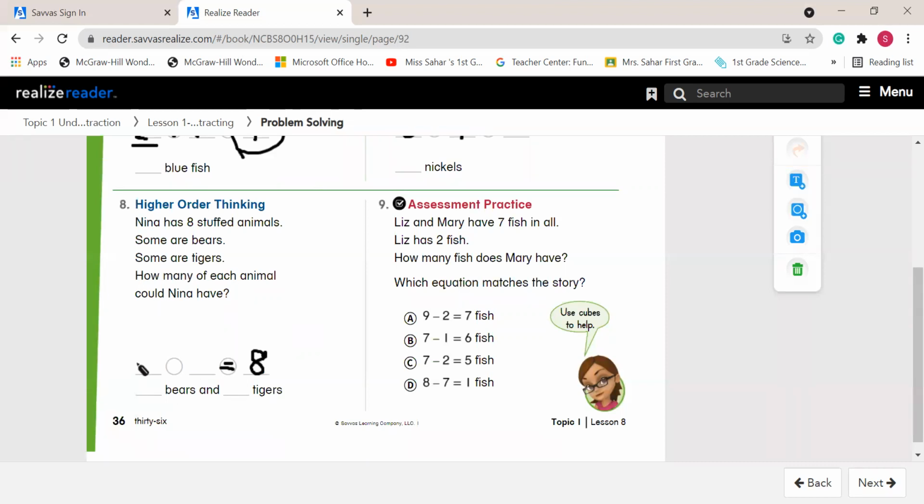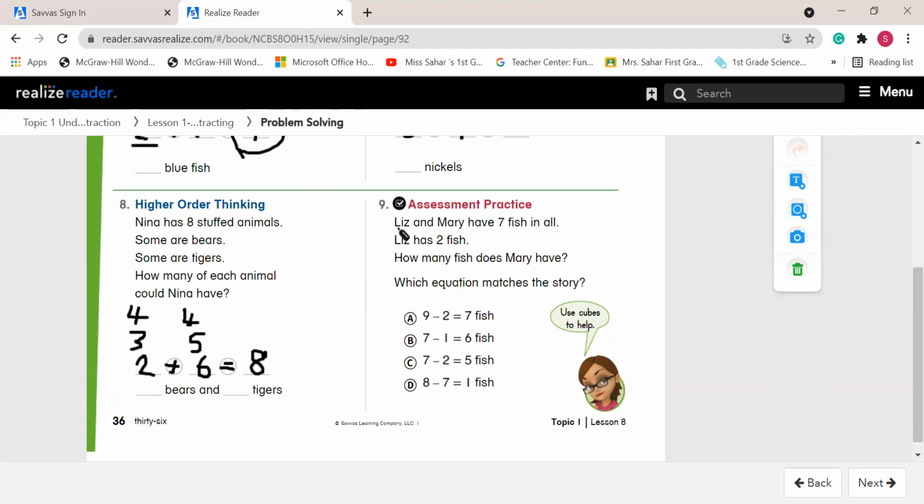She could have 2 bears and 6 tigers, because 2 plus 6 equals 8. Or she can have 3 bears and 5 tigers. Total would be 8. Or she can have 4 bears and 4 tigers. So there are many chances that you can go with. So it's up to you.